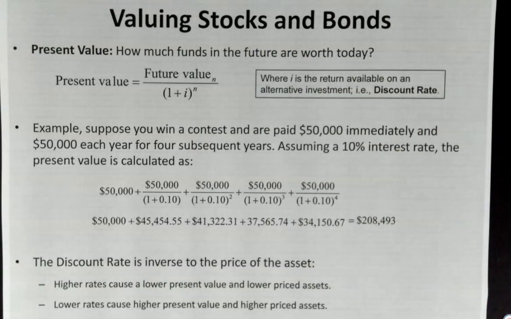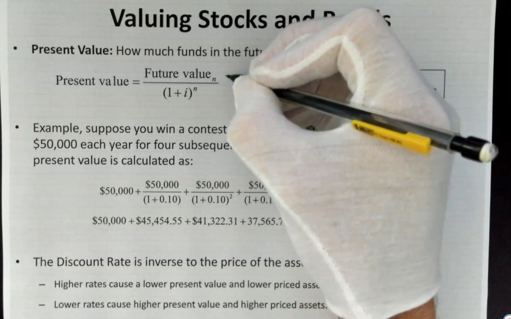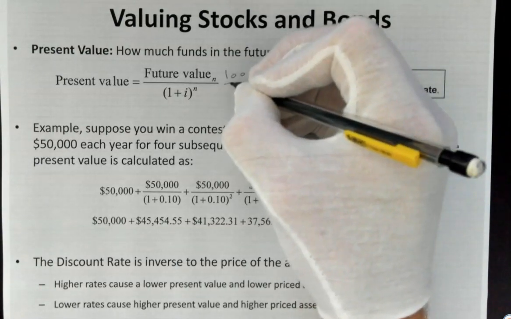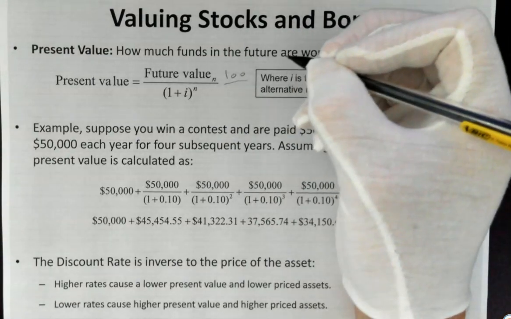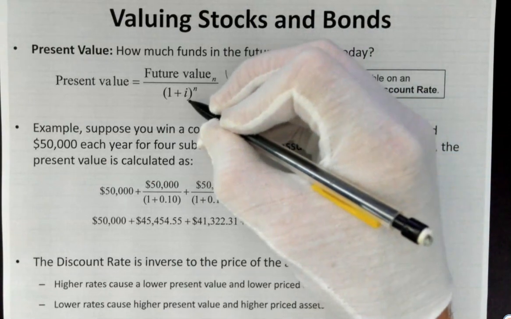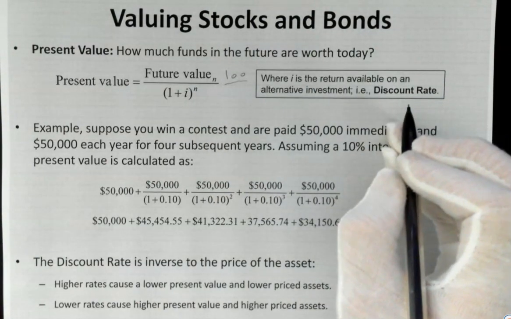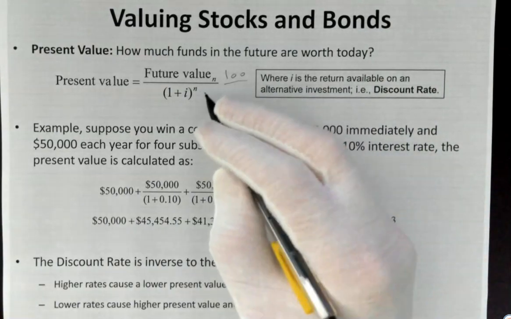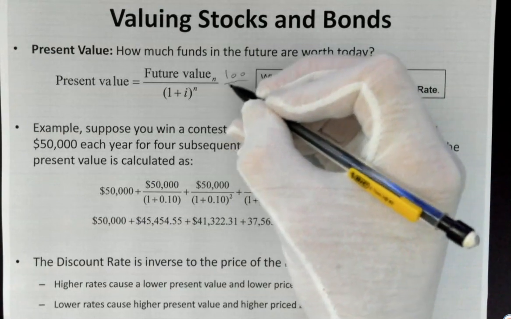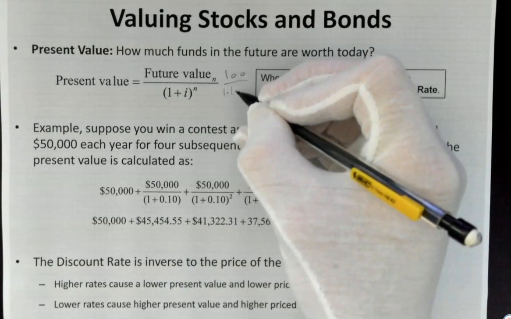So let me just do a hypothetical example here. Let's say that we have $100 to be received 1 year from now. And let's assume that in the economy, the interest rate, this is actually called the discount rate, which is the return that you could get on an investment. Let's say that's 10%. So we would put 100 over 1 plus 10%, so 1.10.